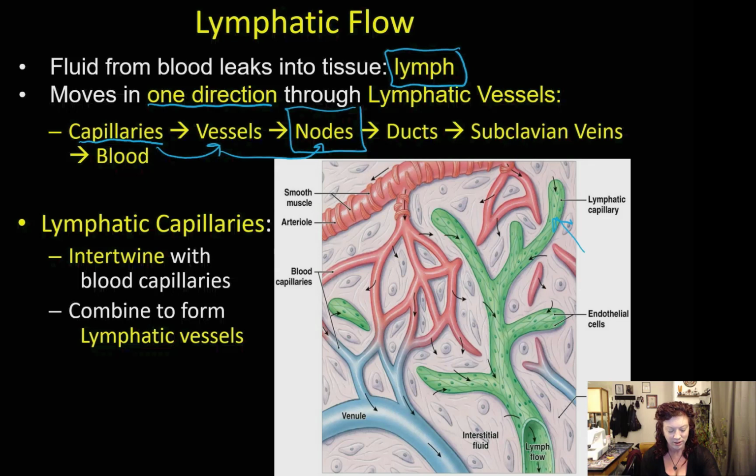They then transfer large volumes of lymph into ducts, which are sort of a combination of a gateway and a storage site for large volumes of lymph. The ducts then reintroduce the lymph back into the bloodstream at the subclavian veins. Subclavian meaning below your clavicle. After that, the lymph winds up back in the bloodstream.